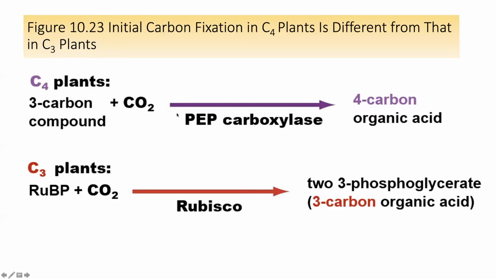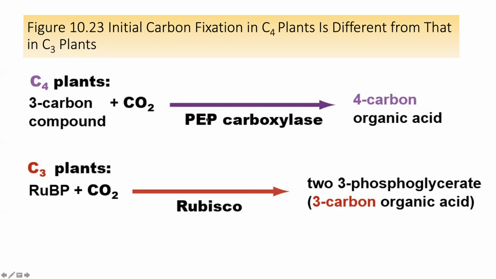All right, so again, just kind of comparing a C4 plant to a C3 plant. When carbon dioxide enters these plants, in C4 plants, it binds to a 3-carbon sugar, where in a C3 plant, the carbon dioxide binds to a 5-carbon sugar known as RuBP. So there's one difference there. The enzymes used are different, right?